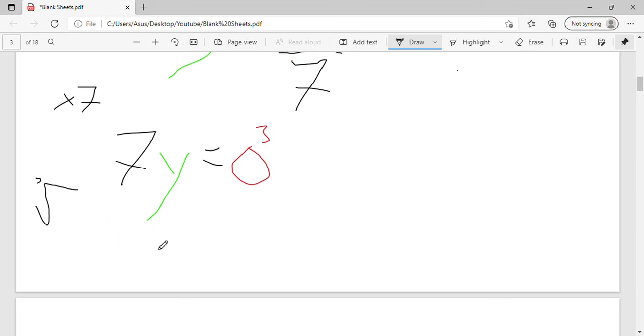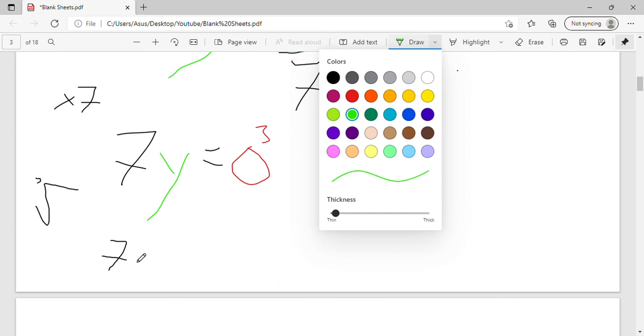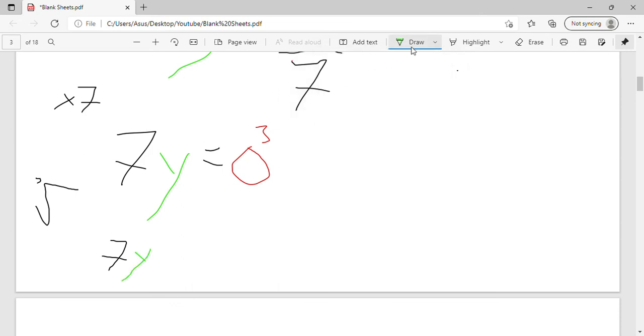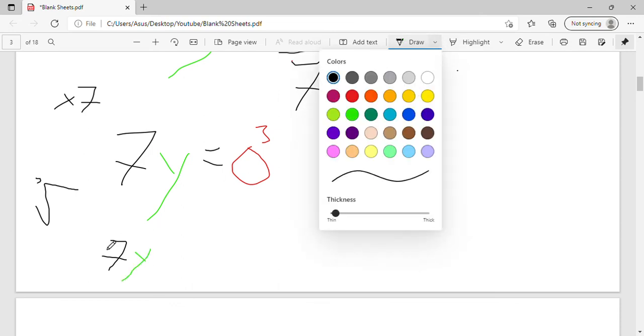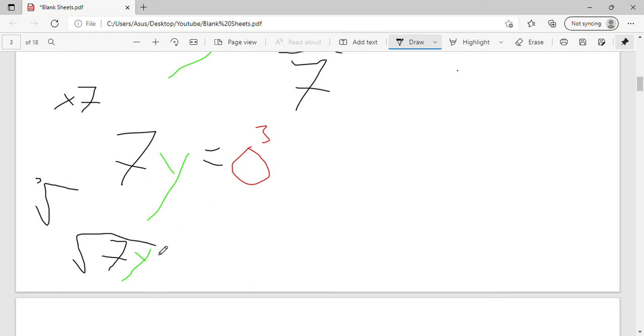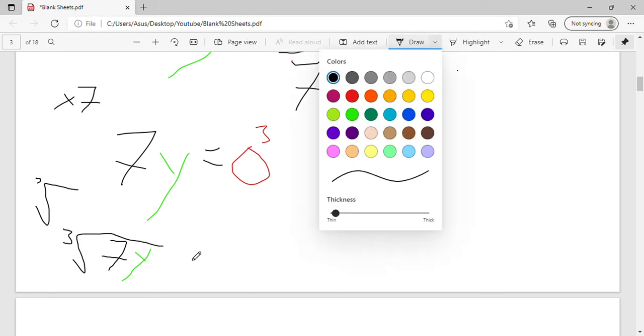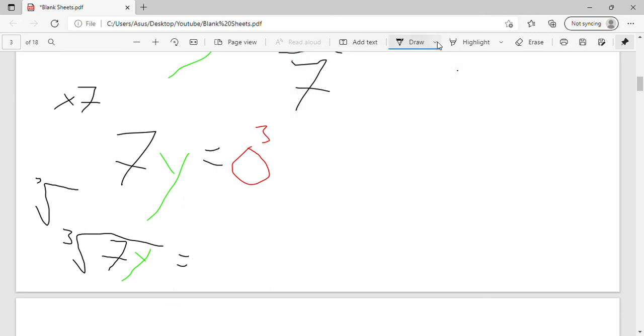So that will give us the cube root of 7y equals O. Alright, and then we've done it. We've got O on its own over here, and that's what we wanted.